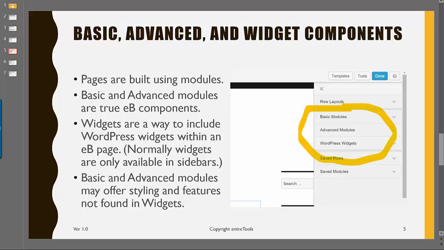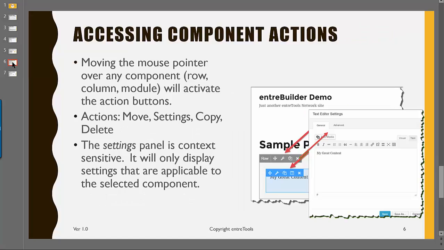Okay, so we've covered these basic, advanced, and widget components as an introduction. You can kind of see how it's all put together. Then the next thing we want to look at is accessing the component actions. Actually, you've already seen that.